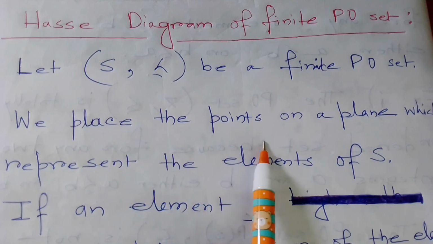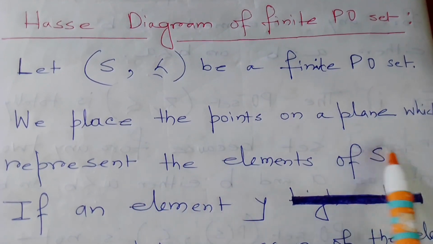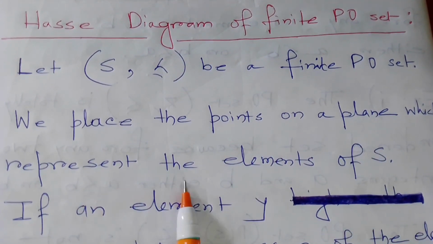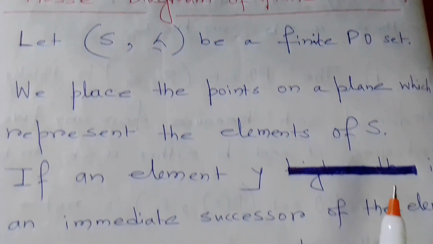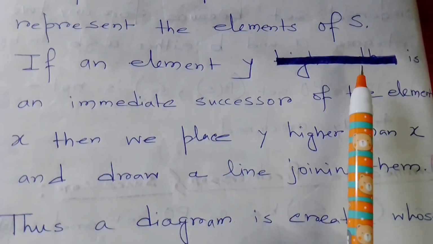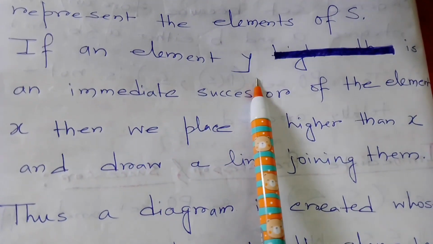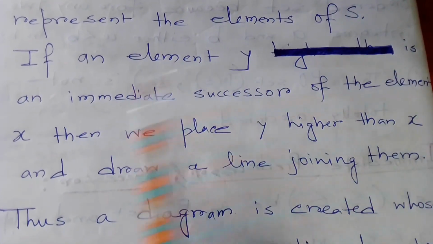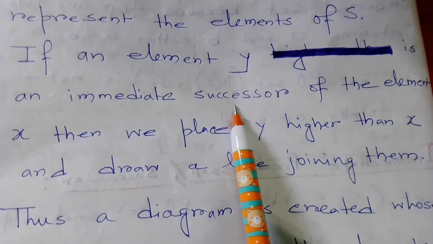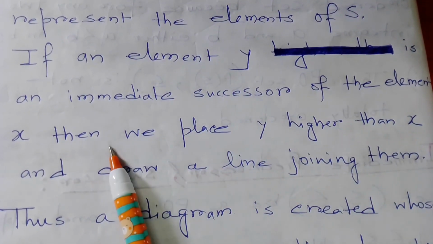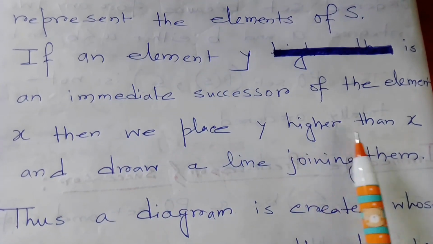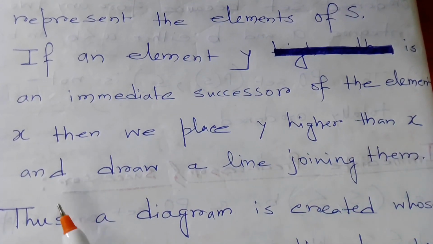We place points on a plane which represent the elements of S. If an element Y is an immediate successor of the element X, then we place Y higher than X and draw a line joining them.